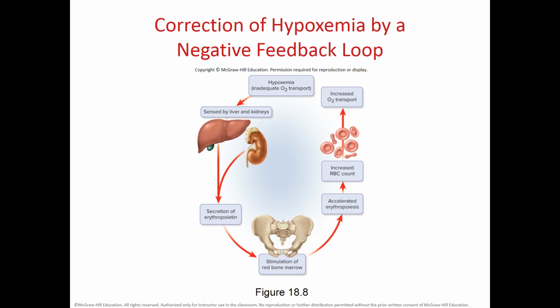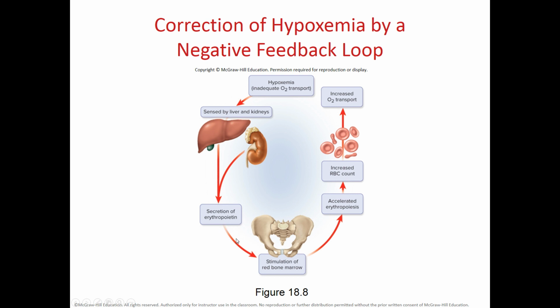And this is the diagram to show you how this negative feedback loop works. So again, when you have low levels of oxygen in your blood or hypoxemia, your kidney cells and even your liver cells will detect this hypoxemia, and then you produce erythropoietin or EPO.